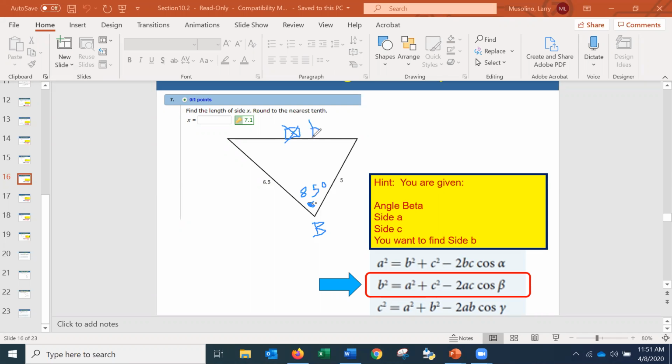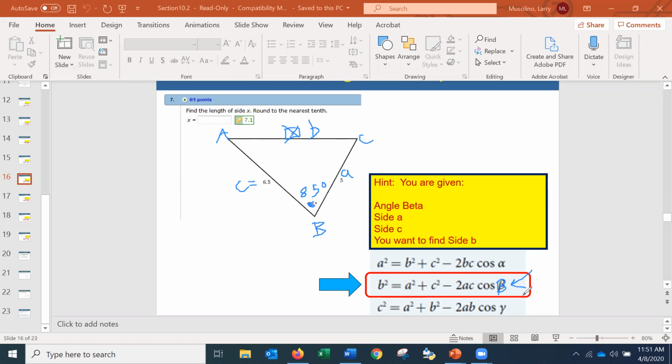Then maybe I'll label this as side a over here, and this as side c over here. So I know angle B. I'm going to use this formula that's circled in red.